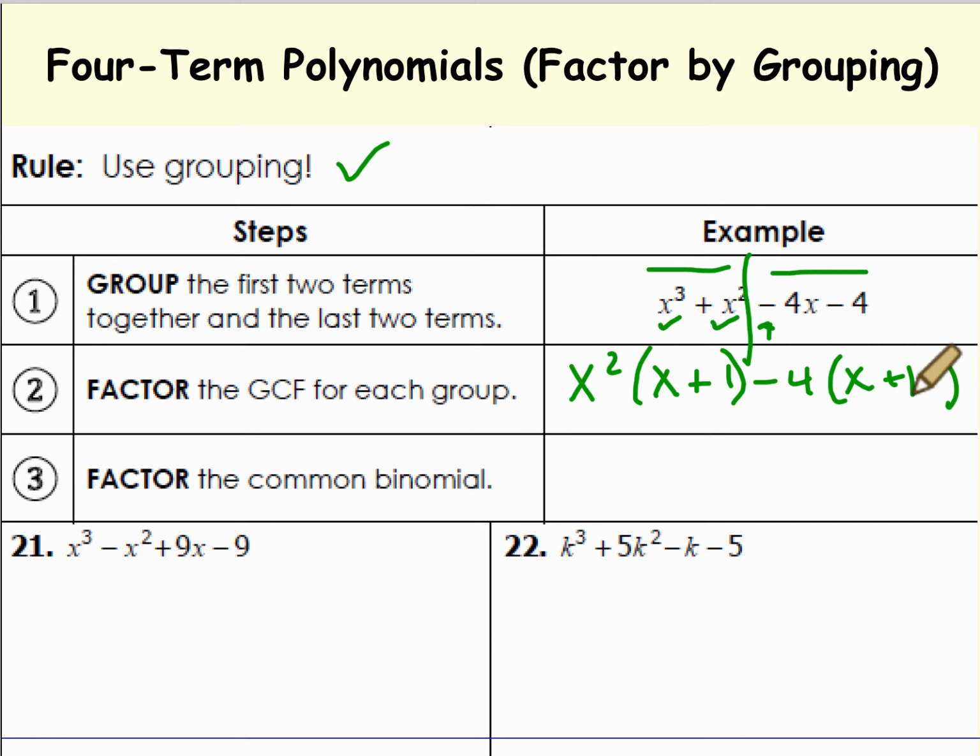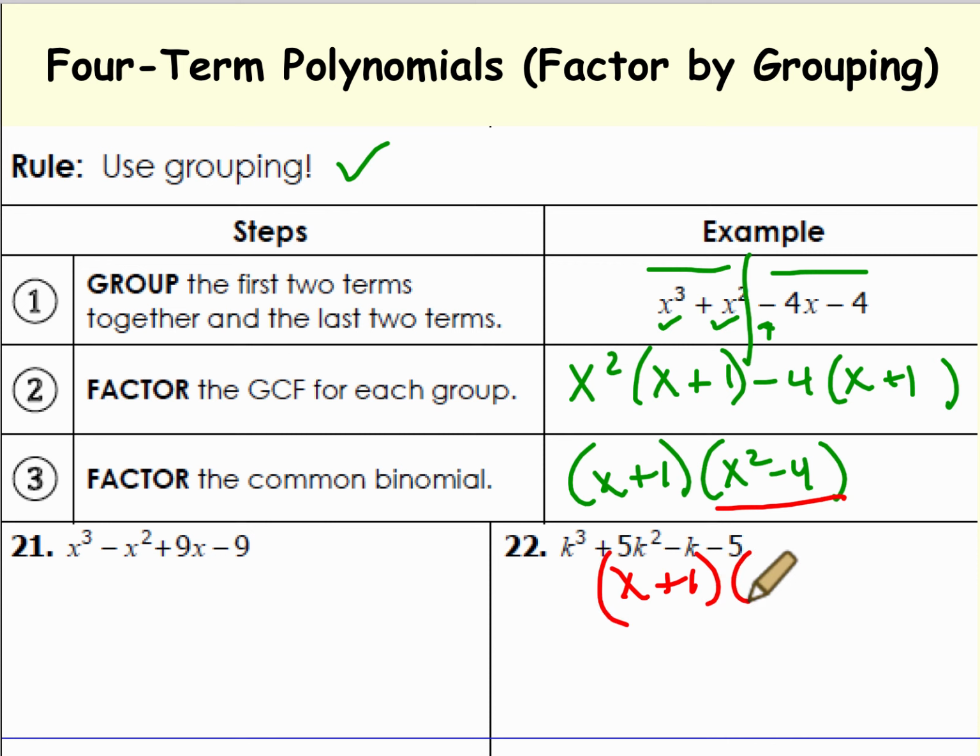Next we take out the common binomial, x plus 1, and group what's left over, x squared minus 4. Hopefully you recognize this is not fully factored because x squared minus 4 is a difference of squares. So to finish, we do x plus 1 times x plus 2 times x minus 2.